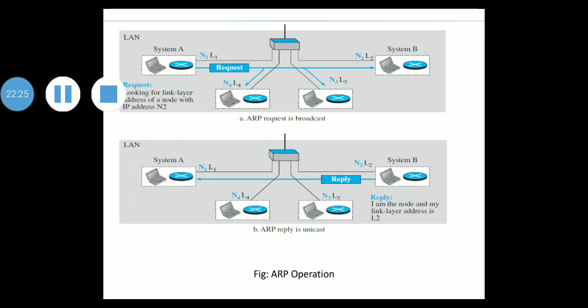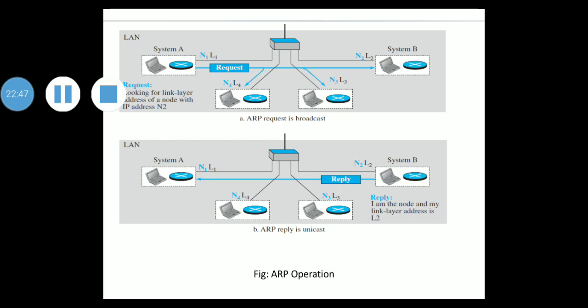You can see here an ARP response packet coming from system B, because the intended receiver is system B. The ARP request is broadcast and only the intended receiver replies.